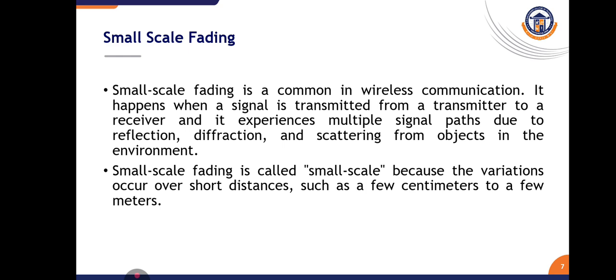Small scale fading is called small scale because the variation occurs over a short distance, such as a few centimeters to meters. Small scale fading can happen very quickly, sometimes in microseconds or less, and is primarily caused by the multipath propagation of the signal. Overall, small scale fading is a common issue in wireless communication that affects the quality of the received signal. However, with proper mitigation techniques, it is possible to maintain reliable communication even in the presence of small scale fading.